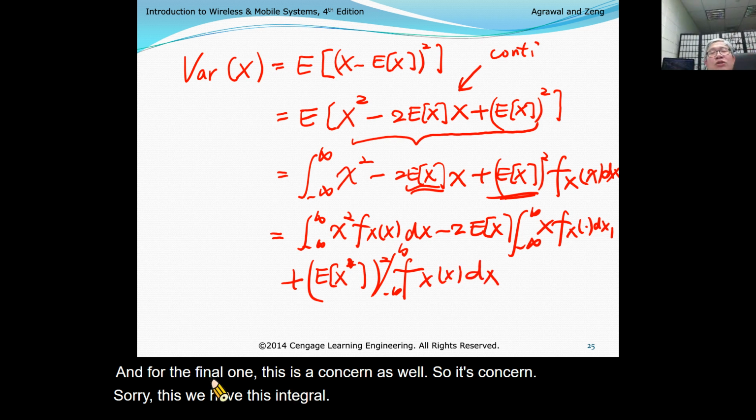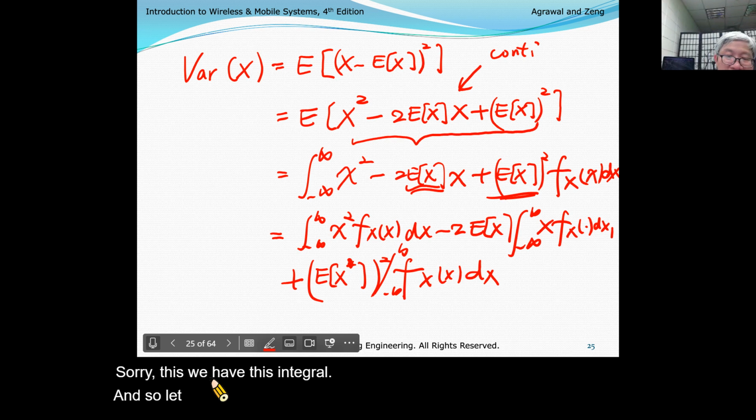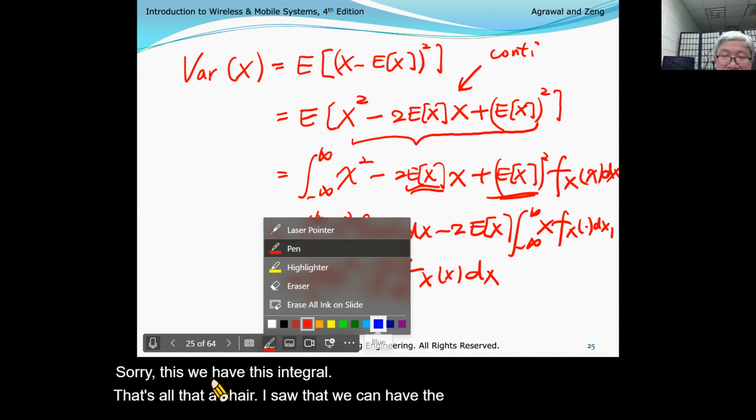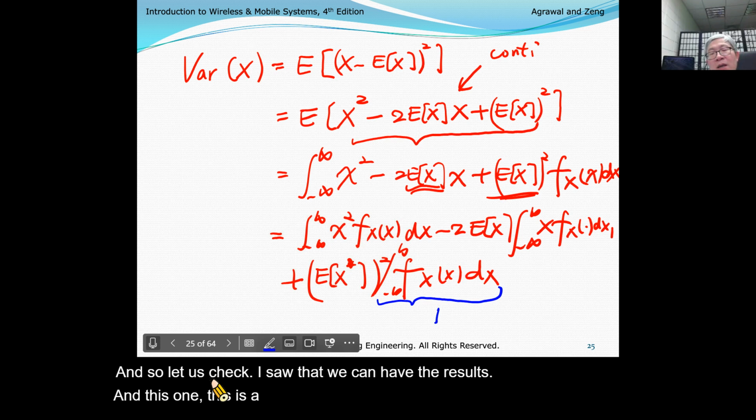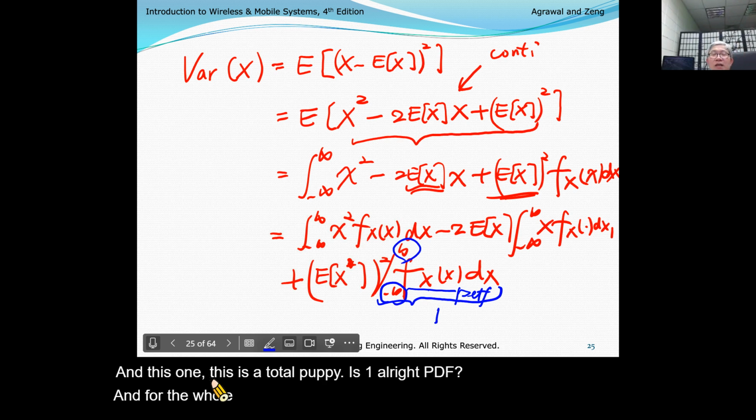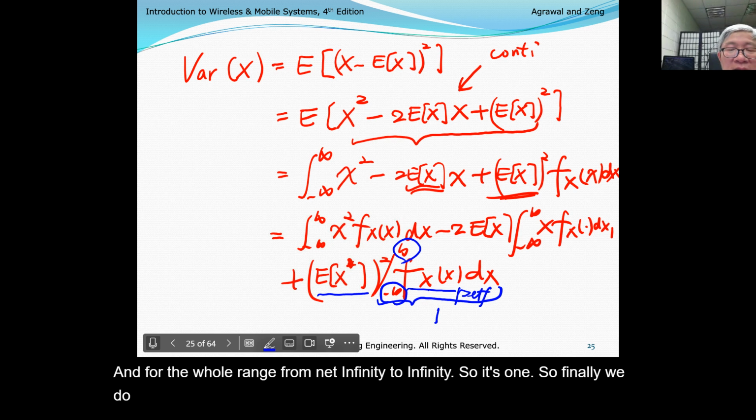So let us check, and so we can have the results. And this one, the total probability is 1. All right, PDF. And for the whole range, from negative infinity to infinity, it's 1. So finally it reduces to the square itself.